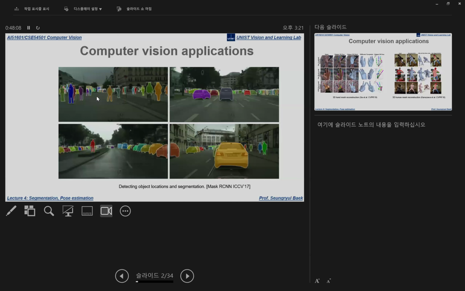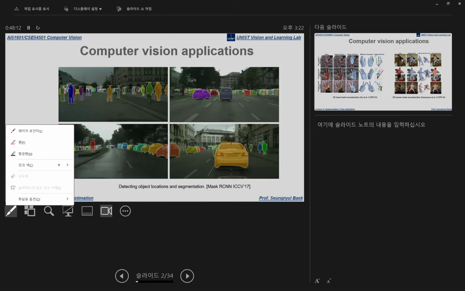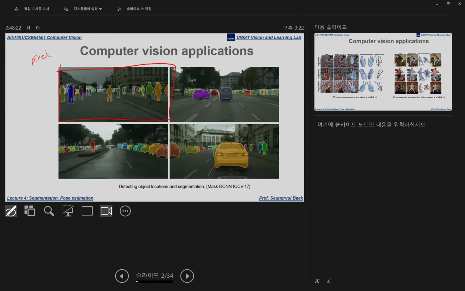So in segmentation, the output looks like this. From the image, what we have to estimate is pixel-wise class information. Here we can know this is the human, and we have to get masks for this human by inputting the RGB images to the deep architecture.